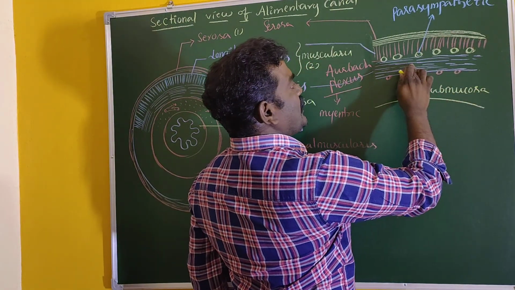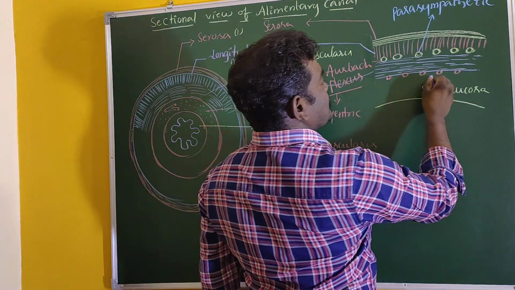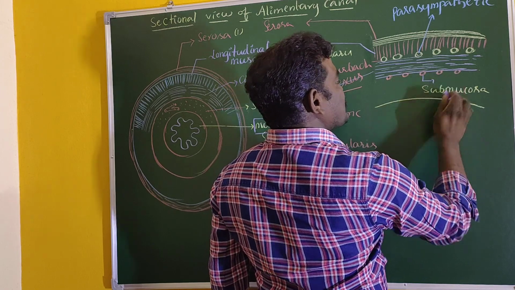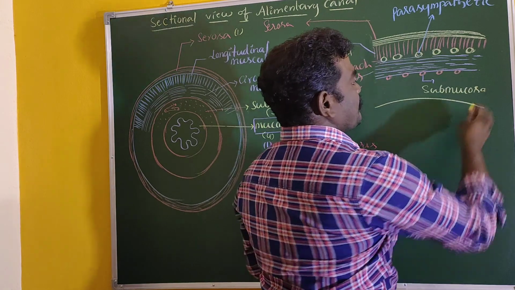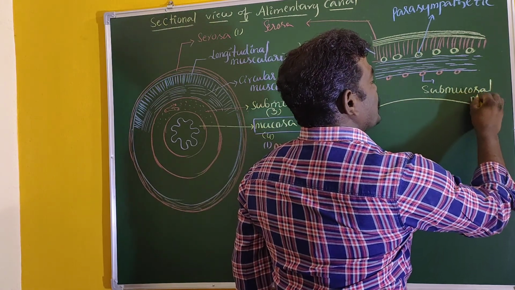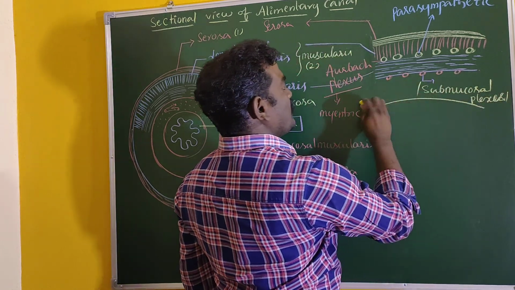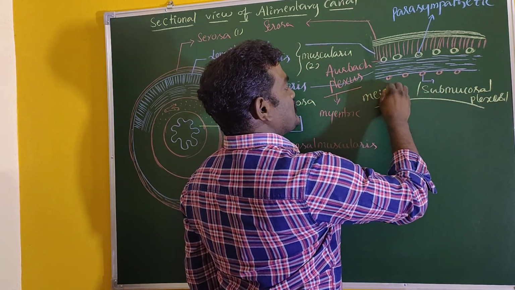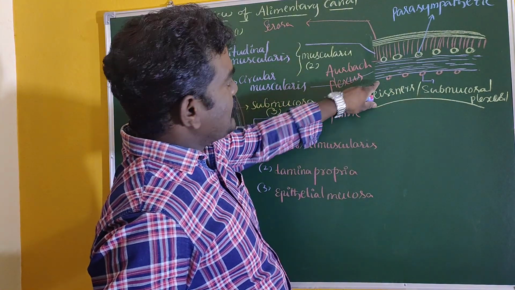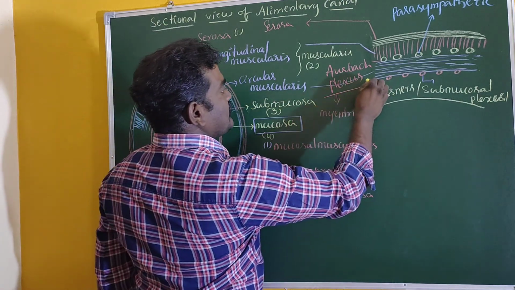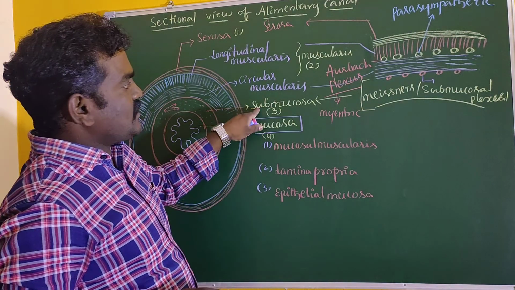Between the submucosa and circular muscularis, we find one more kind of plexus, called the submucosal plexus, or Meissner's plexus. So these Meissner's plexuses are noticed in the 3rd layer, the submucosa.